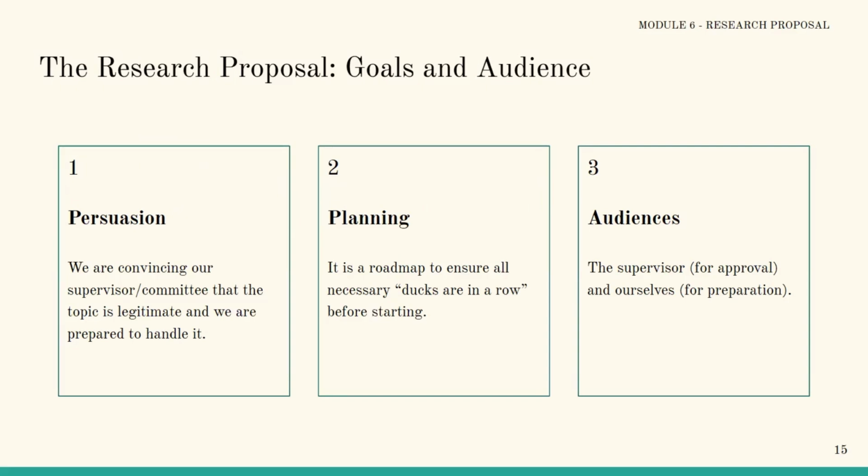And planning means it's a roadmap to ensure the necessary ducks are in a row before starting, so that we have the right tools, budget, and time frame, and everything matches for doing the research.